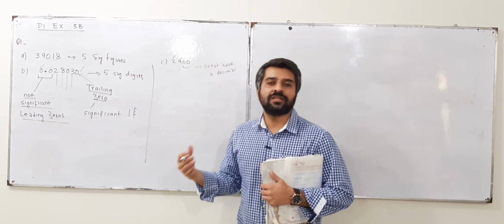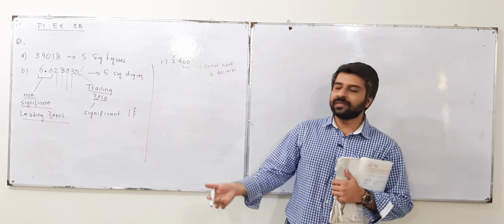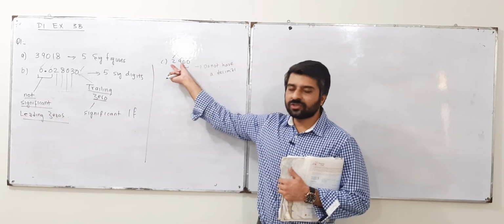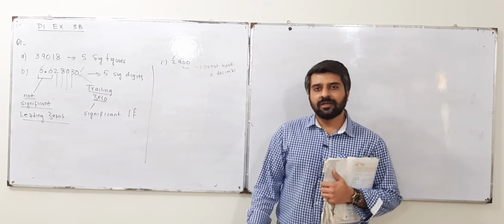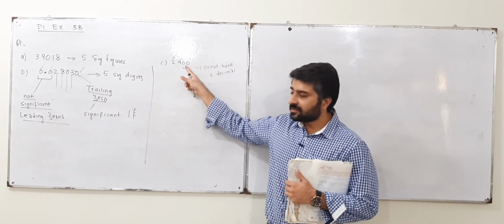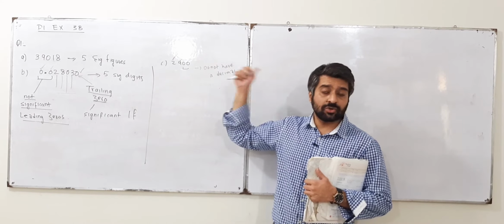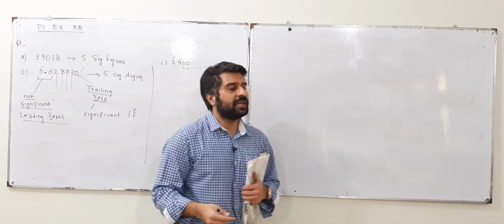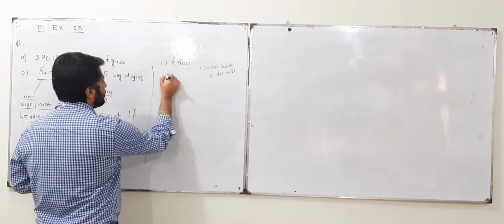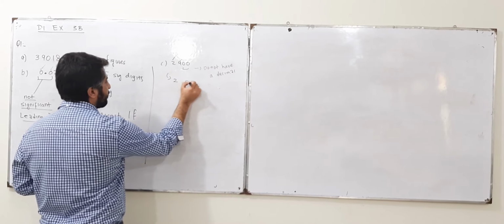If there is no decimal anywhere in the number, then zeros coming after non-zero numbers will not be significant. So basically a decimal makes trailing zeros coming after non-zero numbers significant, otherwise they are not. So how many significant digits do we have in this case? We have two significant figures.